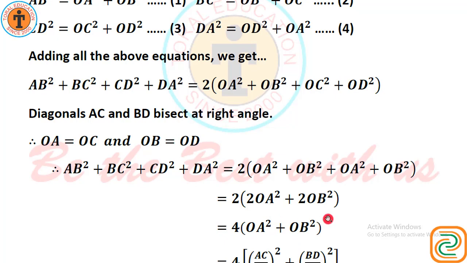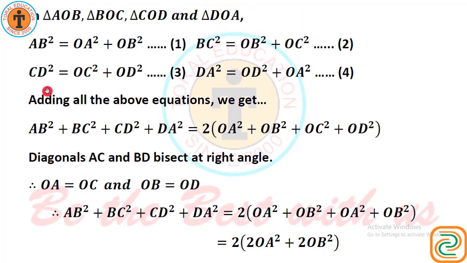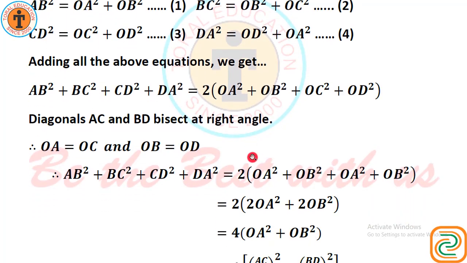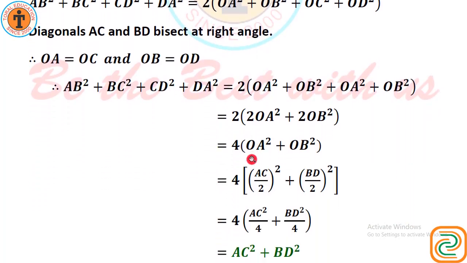But OA square plus OB square, what is it? OA square plus OB square, that is AB square. Right. But OA square equals to (AC upon 2) whole square. OA means half AC and OB means half BD.